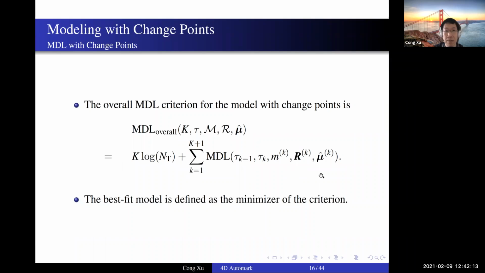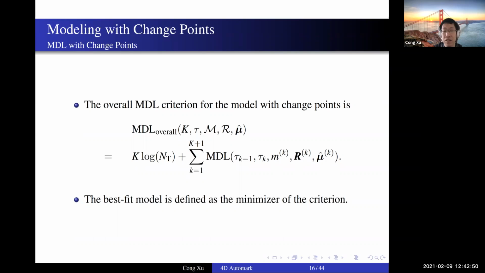So that's the overall MDL for the model with change points. Actually that's the loss function, or the objective function, we are going to minimize. So the best model is defined as the minimizer of this criterion. Okay, so that's the whole story. What is a good model, and how could we evaluate different models? We base it on this MDL criterion.